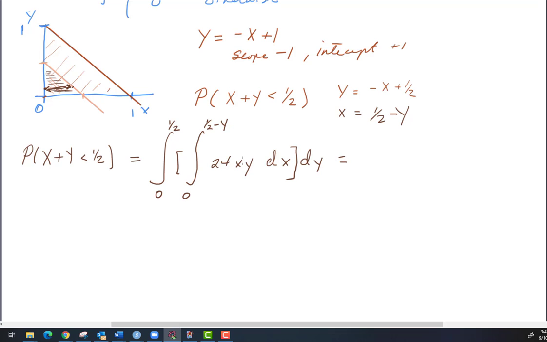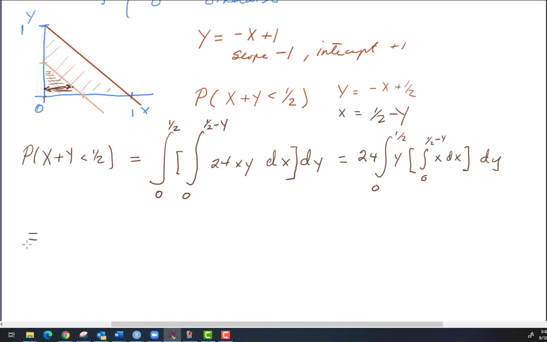So this would be equal to, and in fact I can take the 24 clear out here, the integral from 0 to 1/2 of y, and then in here I would have the integral of x dx from 0 to 1/2 minus y, and then dy.